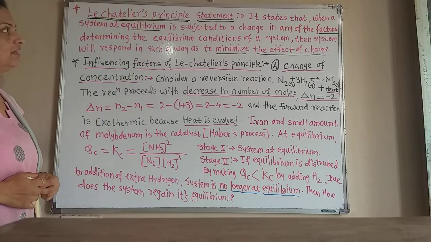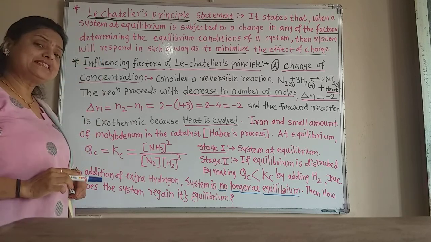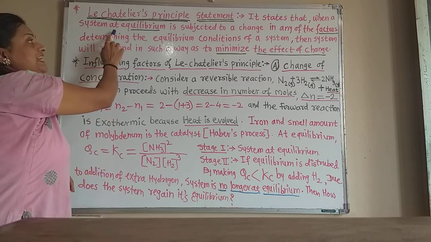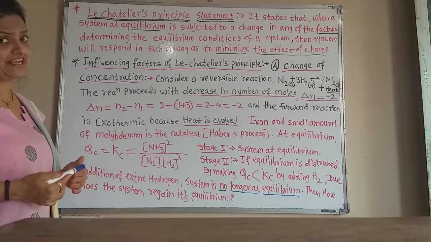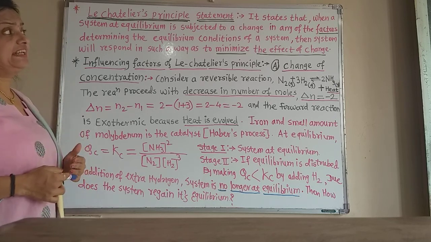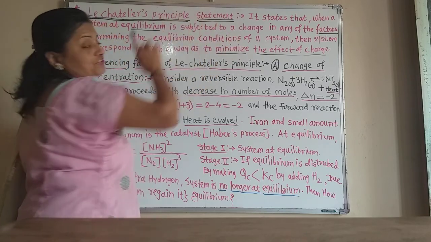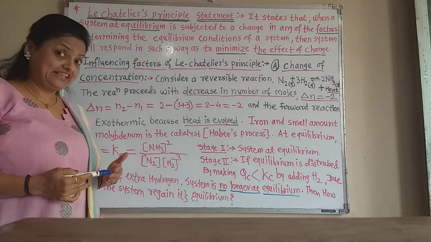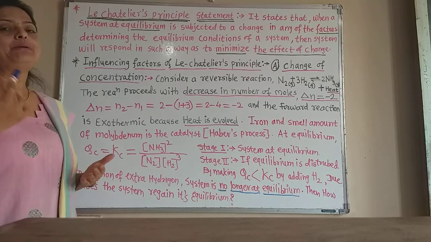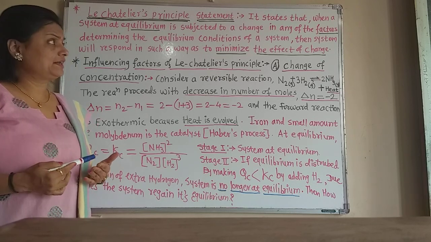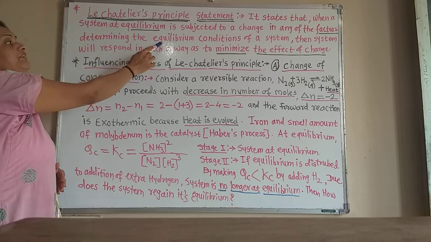What is the statement? It states that when a system, meaning a reversible reaction, is at equilibrium, where the system means our reaction, and it is subjected to a change in any of the factors, such as pressure, temperature, concentration, etc., that is, a change in any of the factors determining the equilibrium conditions.